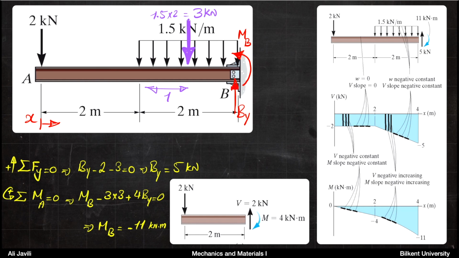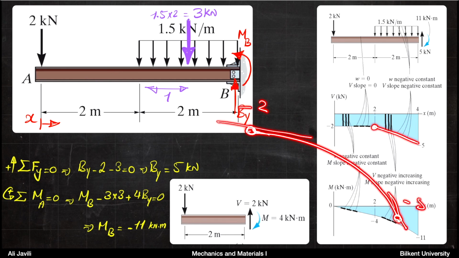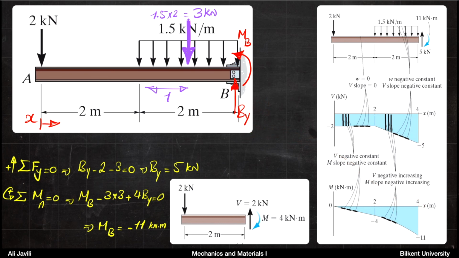We know it's going to be a quadratic function like this, and the slope is not 0 or infinity at the beginning or the end: the slope at the beginning is -2, at the end is -5. Okay, so using our graphical approach, we now have the shear diagram and the moment diagram for this fairly complex example.